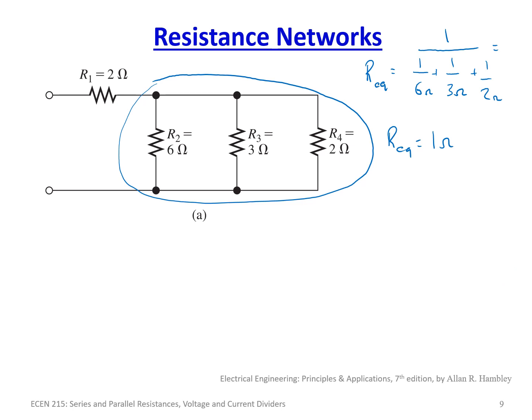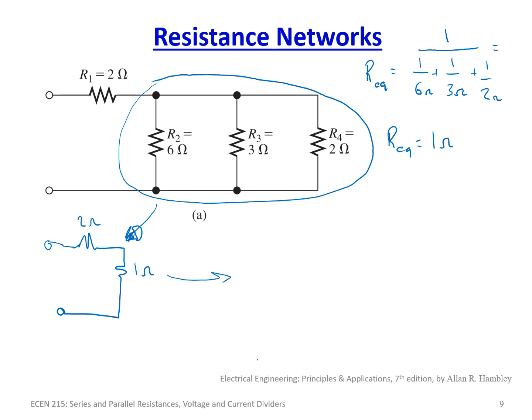So now we can rewrite this circuit, or redraw it, as 2 terminals with a 2 ohm resistor and now a 1 ohm resistor. So this part A, if you will, is this. So now what do we do? Well, now we're going to take that, and it's clearly 2 resistors, and they are in series.